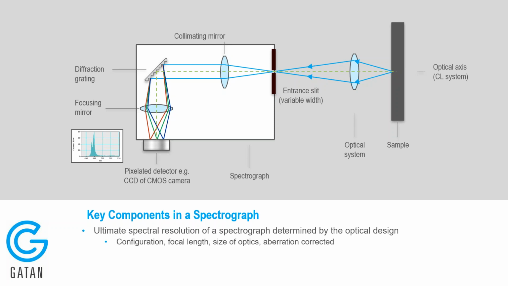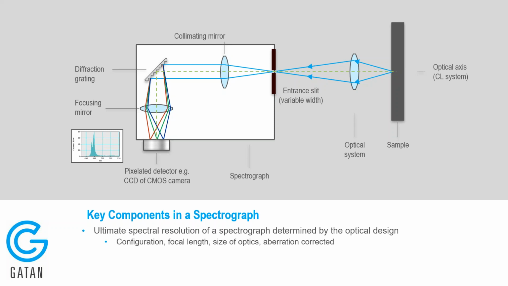Configuration, which means the way that all of the optics are laid out, and there are various different reasons why one configuration is preferred over another. The focal length, the size of the optics, whether it's an aberration-corrected optical design, there are many, many parts associated with that. However, generally, these are fixed components of a system that you already have and not something that you can do something about as a user.